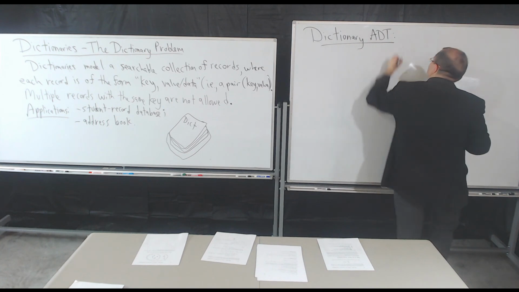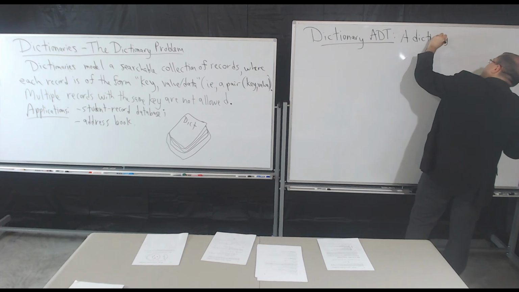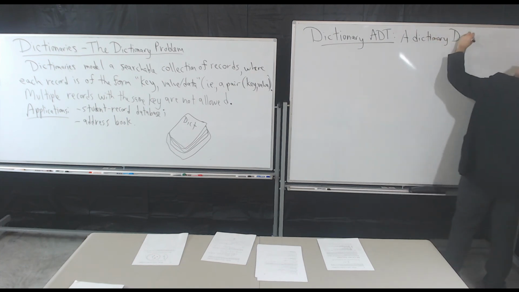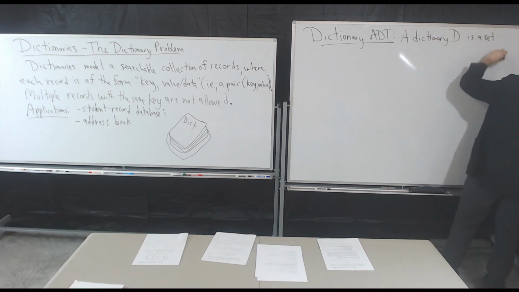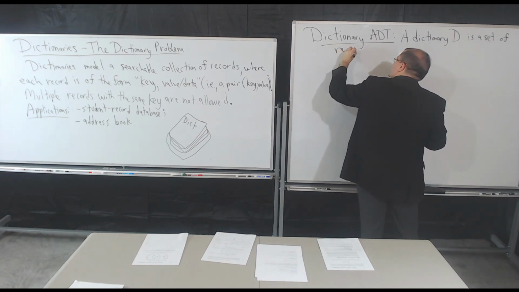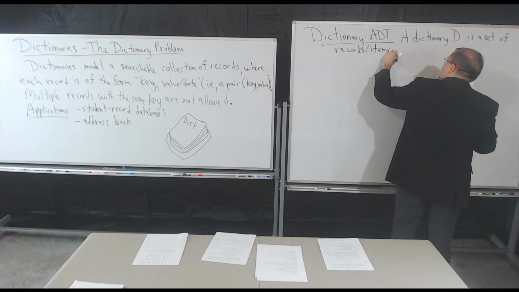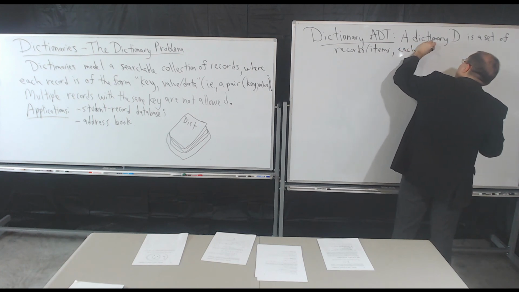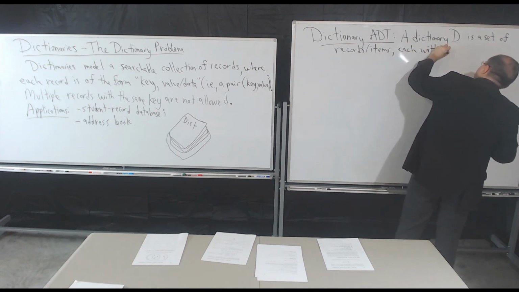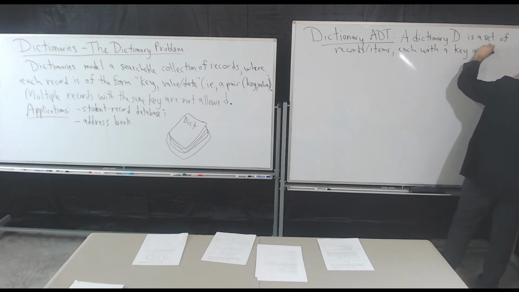Dictionary ADT. A dictionary D is a set of records / items each with a key and value or data. I'll just use those as synonyms very often when we talk about this.